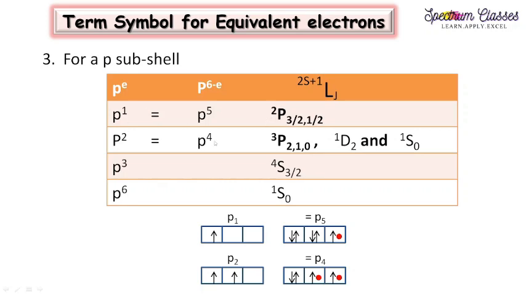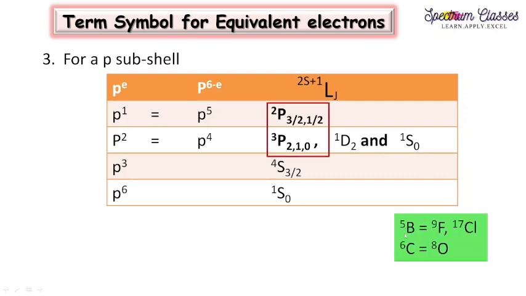P2 is equal to p4. So p2 I solved in my previous video. I will give you the link over there, and this has three term symbols: 3P, 1D and 1S term symbols for p2, and here are the J values, right? So you just see out of these three, 3P will be the ground state.